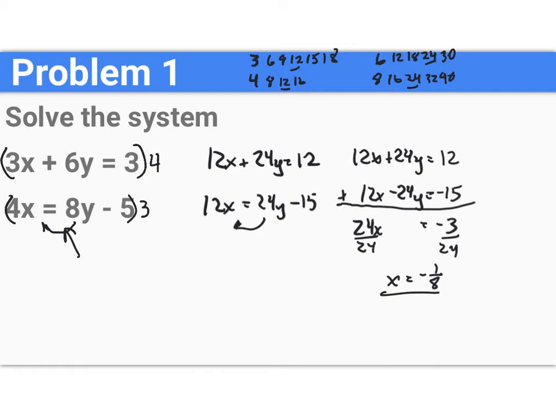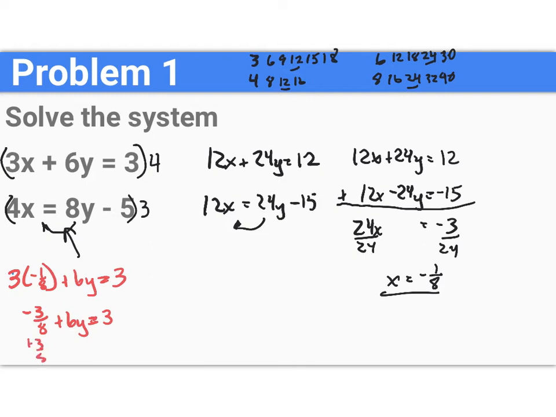Okay, so here we go. Substituting 3 times negative 1/8, and this is why I use parentheses when I substitute, so I keep my sign straight. Okay.